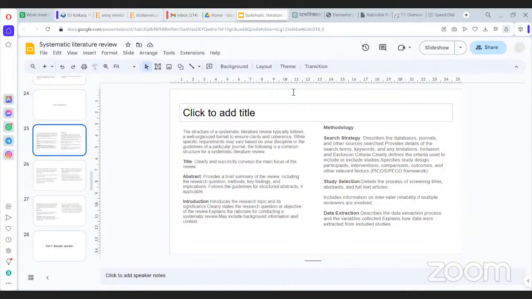You have to write down the journal names also, how many journals, and their years also. You have to mention everything. This is not in other types of manuscript, but in the case of a manuscript based on a systematic review of literature, you have to follow this guideline.